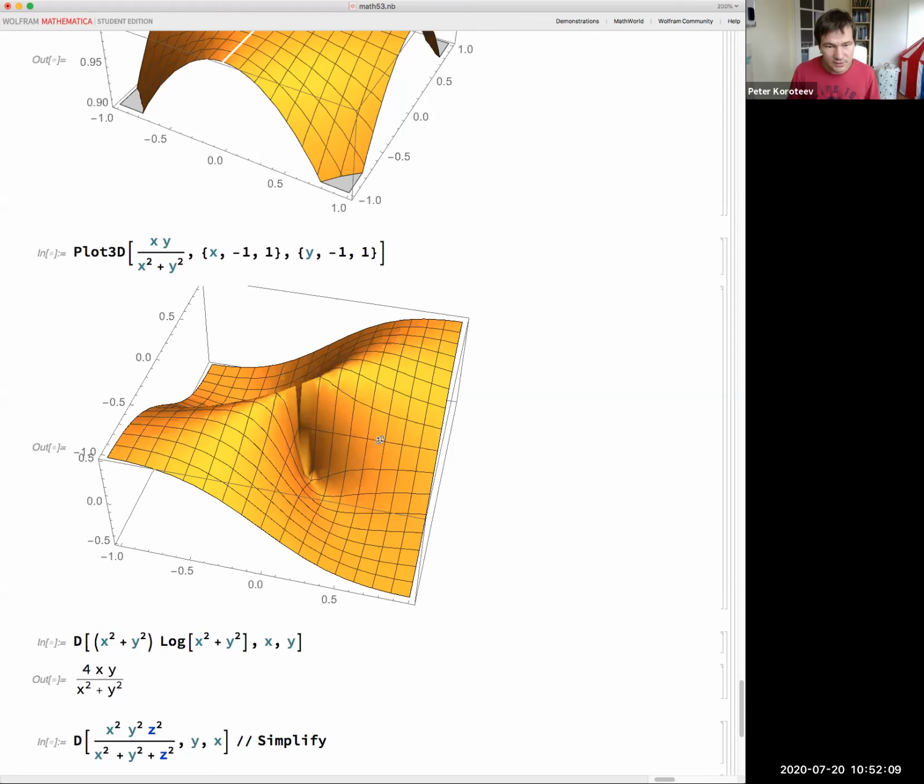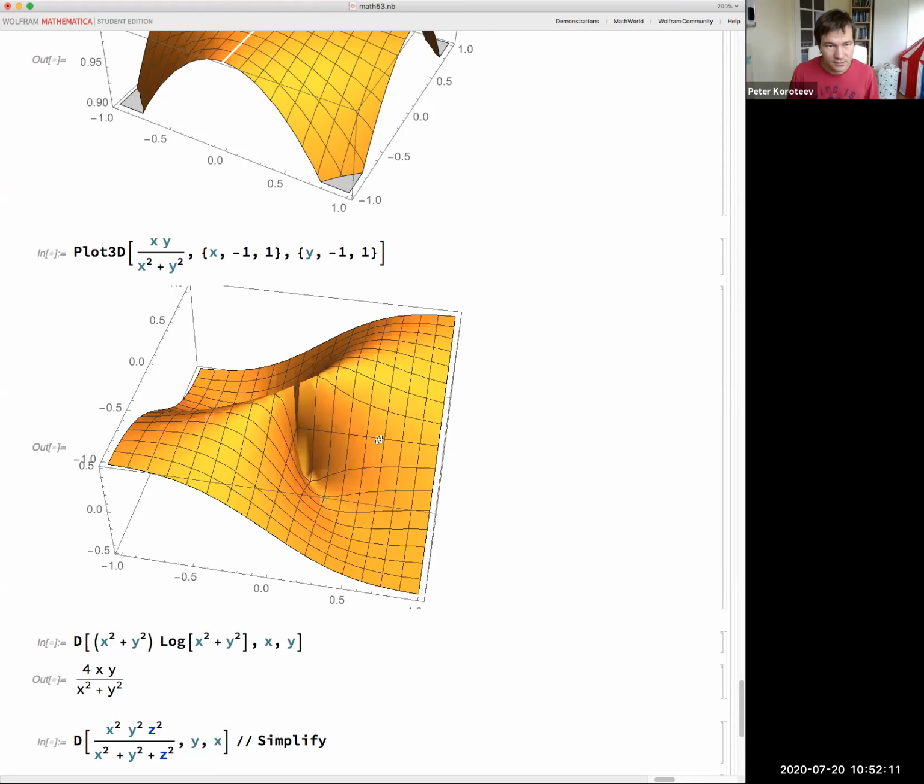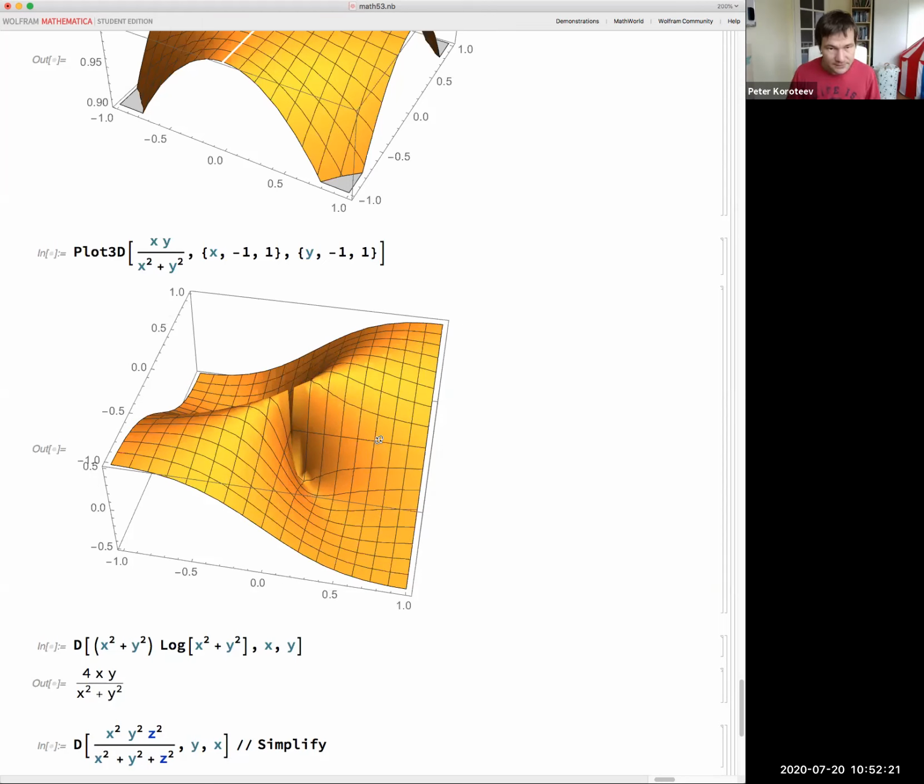So remember what I told you. Well, what would you say about this function here? x squared plus y squared. What happens at x equals 0? Does it have a maximum, minimum, or anything?